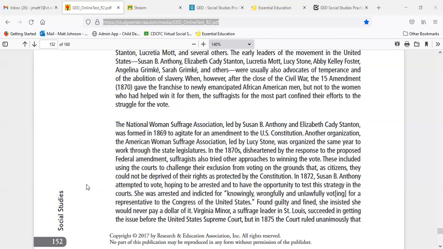In 1872, Susan B. Anthony attempted to vote, hoping to be arrested and to have the opportunity to test the strategy in the courts. She was arrested and indicted for knowingly, wrongfully, and unlawfully voting for a representative to the Congress of the United States. Found guilty and fined, she insisted she would never pay $1 of it.